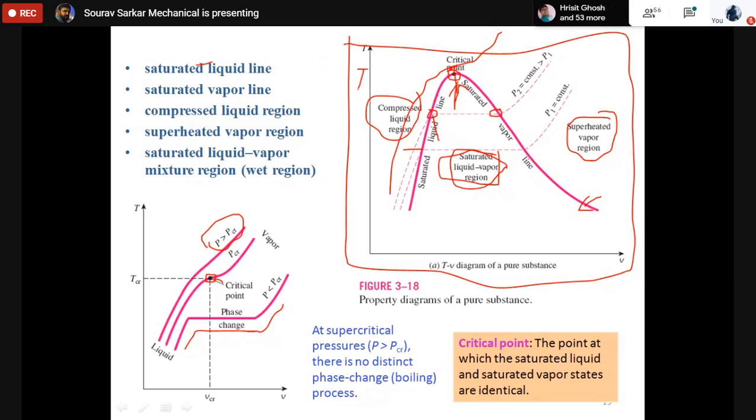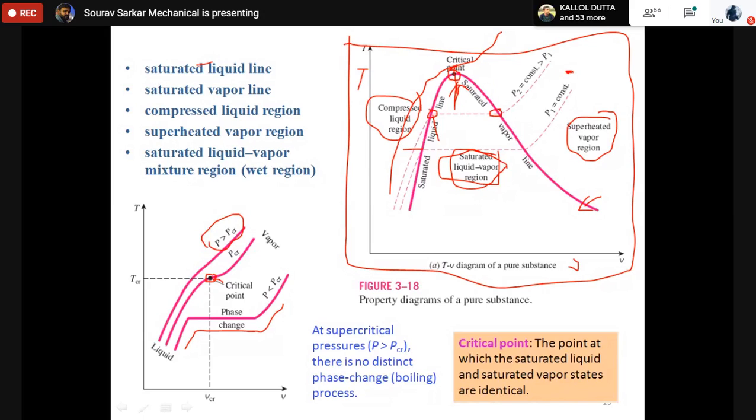But what we finally found out is that if I know the temperature and the specific volume of any water vapor mixture, if I know these two values, I can locate the point.